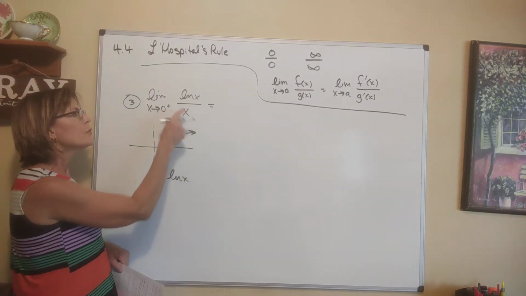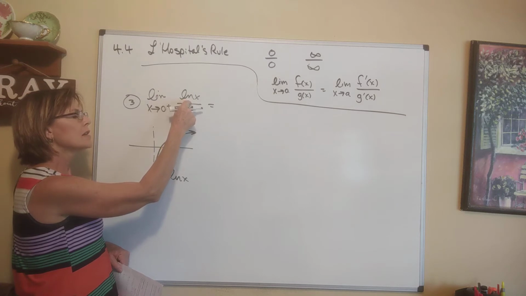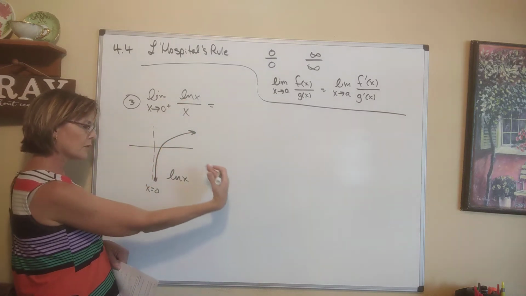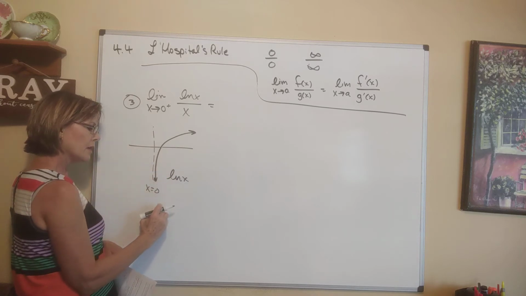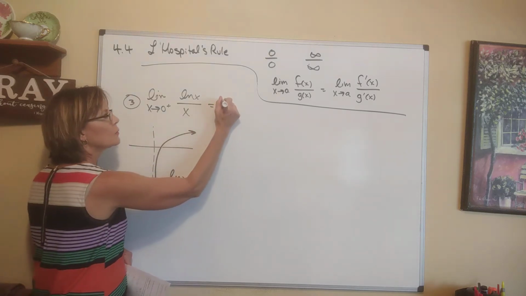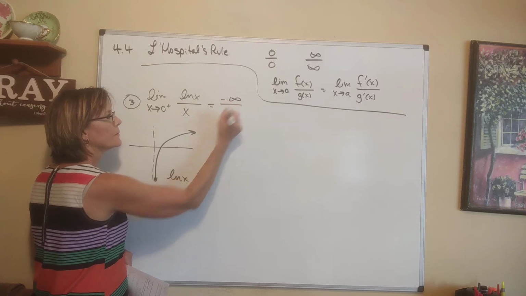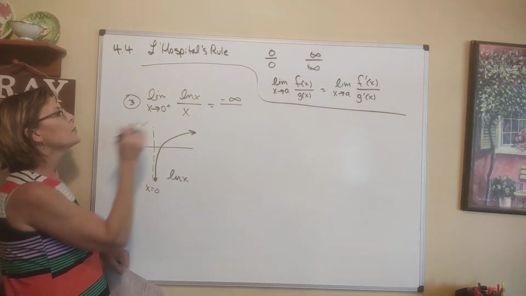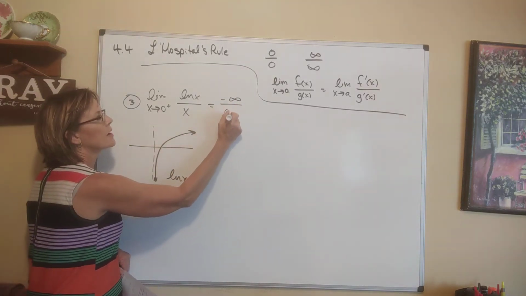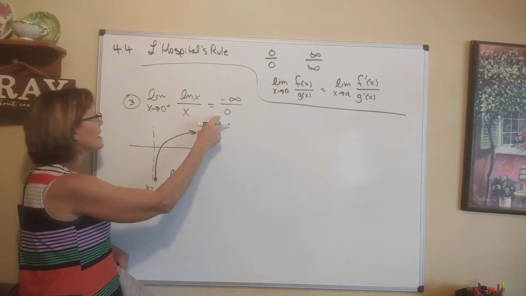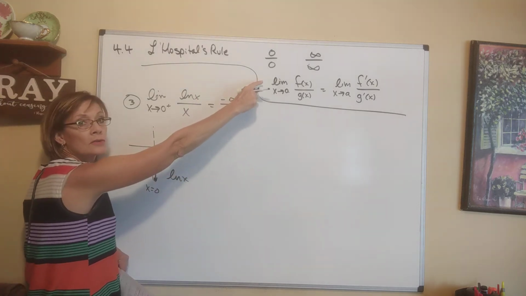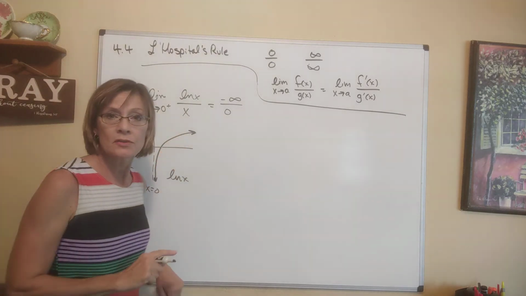So if we're trying to find the limit of the natural log of x as it approaches 0 from the right, we are way down here at negative infinity. We're looking at a negative infinity. All right, if we put in 0 for x in the denominator, we've got a 0. So this is not one of those indeterminate forms. So I cannot use L'Hopital's rule here.